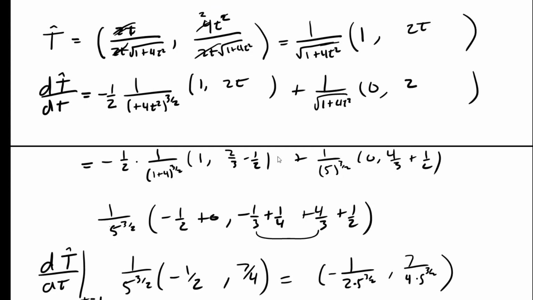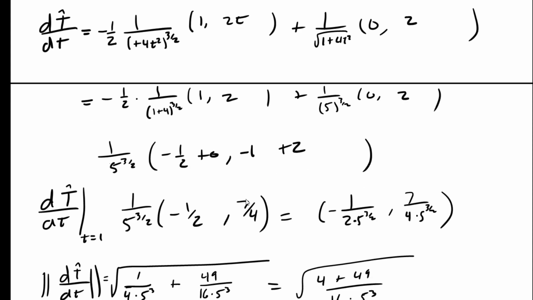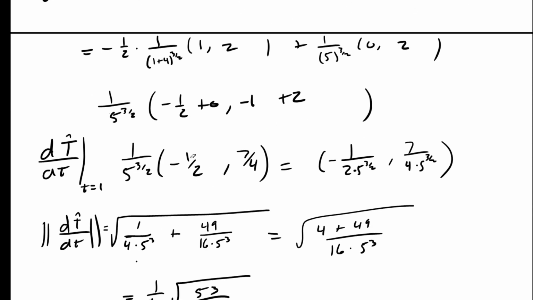Okay, so we plug in 1. That stays like that. This becomes a 2 though. This is also a 2. No, hang on. So I distribute the negative 1/2, so we get -1 here and +2 here, which gives -1/2 and 1.